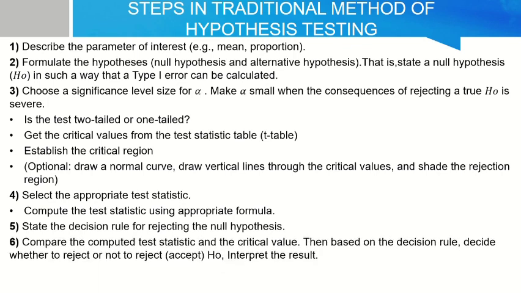Compare the computed test statistic and the critical value. Then based on the decision rule, decide whether to reject or not to reject the null hypothesis. You are going to interpret the results. Optional, take a course of action.